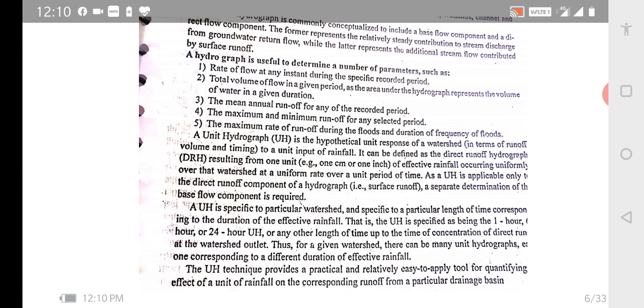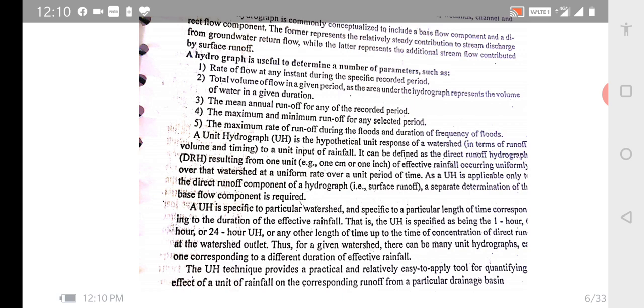So these are the various hydrographs, and there is the unit hydrograph. It is a hypothetical unit response of a watershed, that is in terms of runoff volume and timing, to a unit input of rainfall.